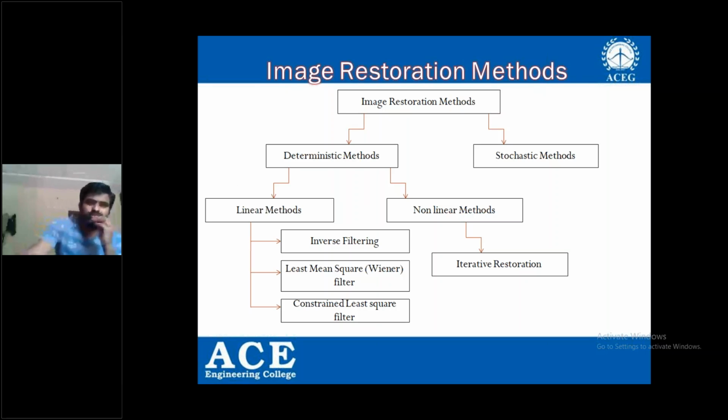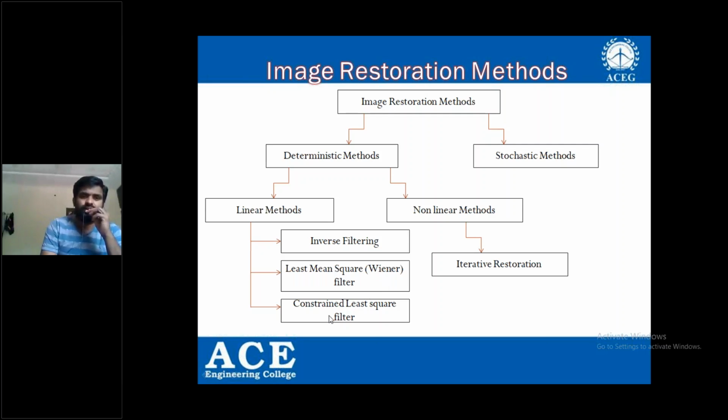So this is the complete structure of restoration methods. We have deterministic methods and stochastic methods, based on the statistical parameters. In the deterministic methods, again we have linear methods and non-linear methods. In linear methods, we have inverse filtering and least mean square or minimum mean square, also called the LMS filter, which can also be called the Wiener filter.